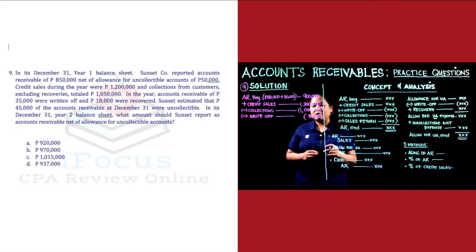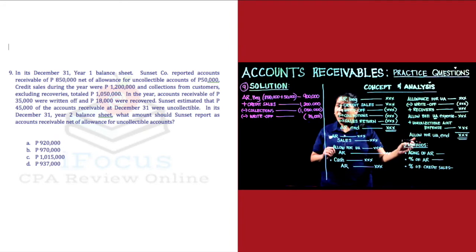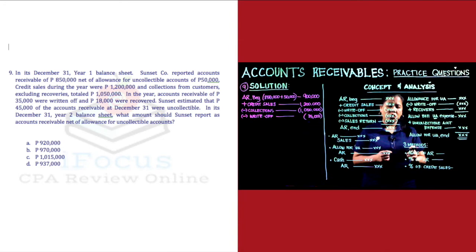Sunset estimated that 45,000 of the accounts receivable at December 31st were uncollectible. So, anong ibig sabihin nun? Binigay na ng problem kung magkano ang ending balance ng ating allowance for uncollectible accounts. So, there are three methods. We have our aging of the accounts receivable, the percentage of the accounts receivable, at ang percentage of credit sales. So, problem natin, binigay na yung amount mismo ng allowance for uncollectible accounts ending.